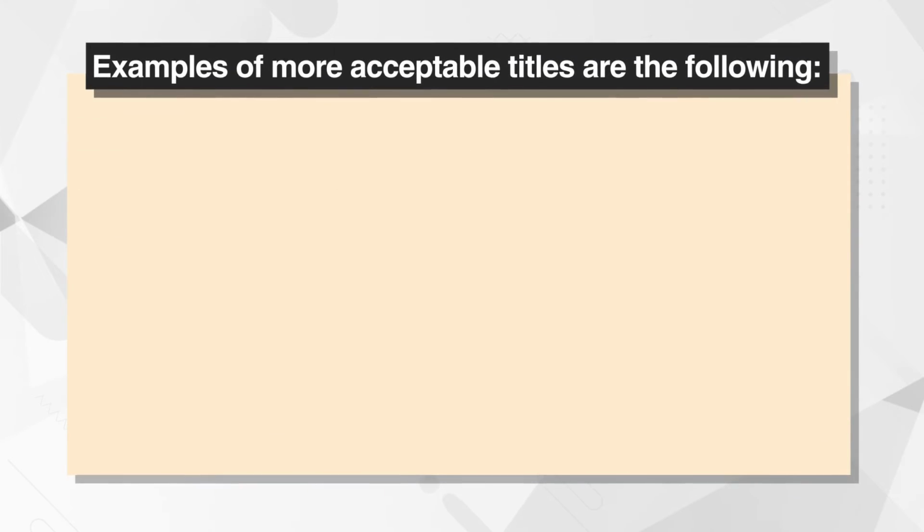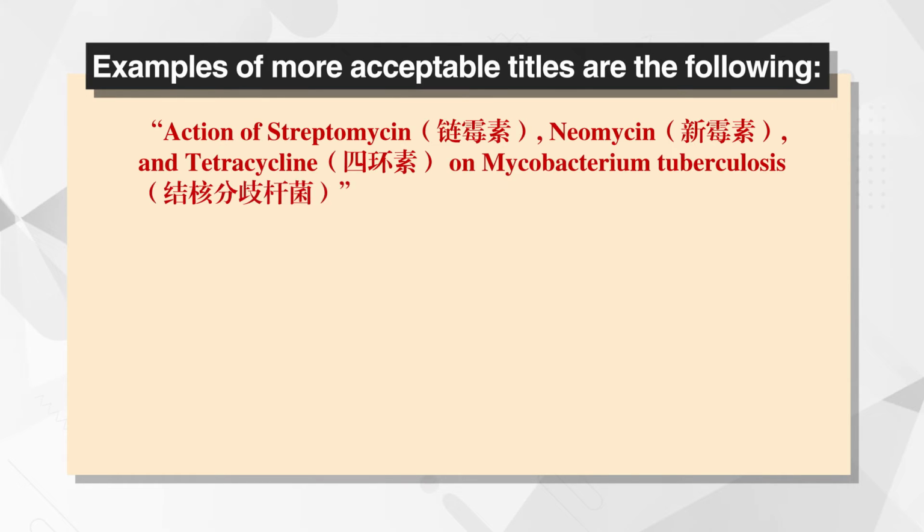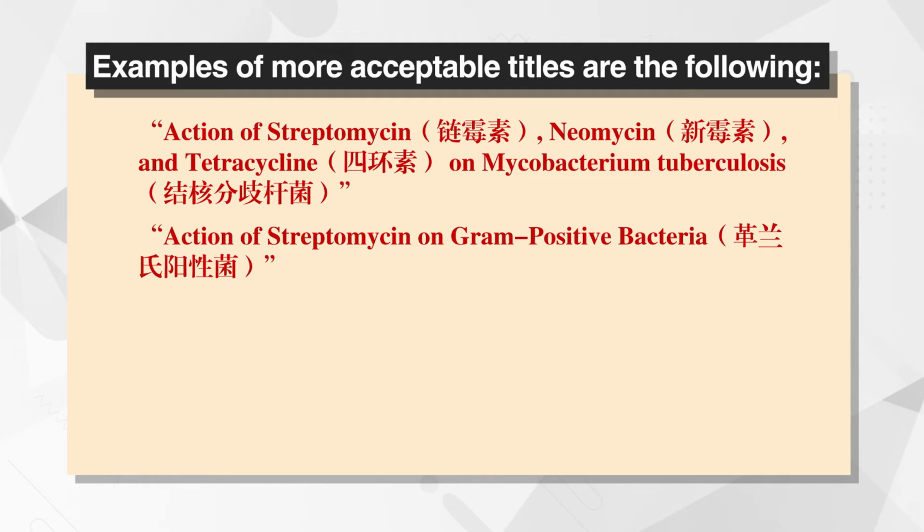Examples of more acceptable titles are the following: Action of streptomycin 链霉素, neomycin 新霉素, and tetracycline 四环素 on Mycobacterium tuberculosis 结核分枝杆菌. Action of streptomycin on gram-positive bacteria 革兰氏阳性菌.